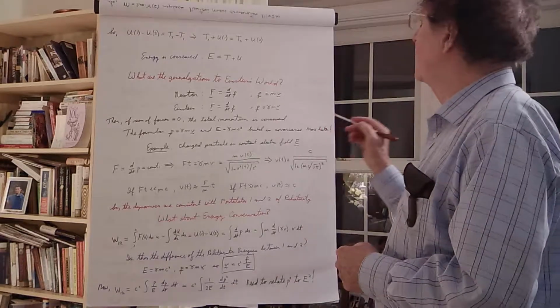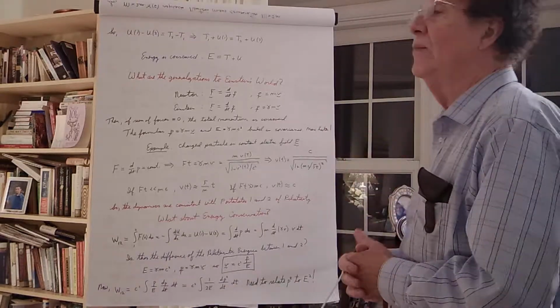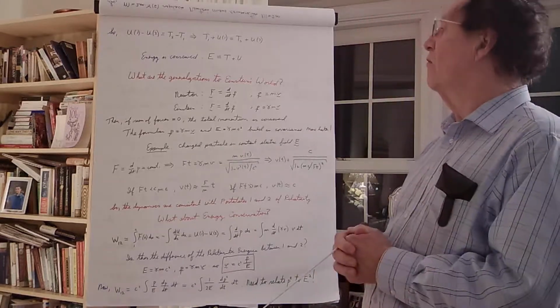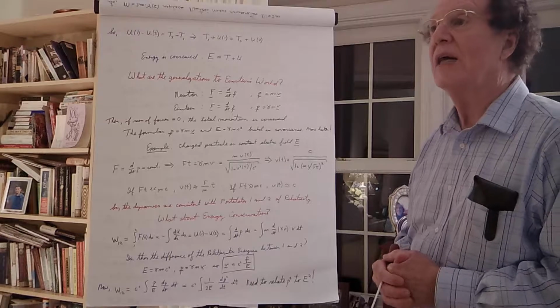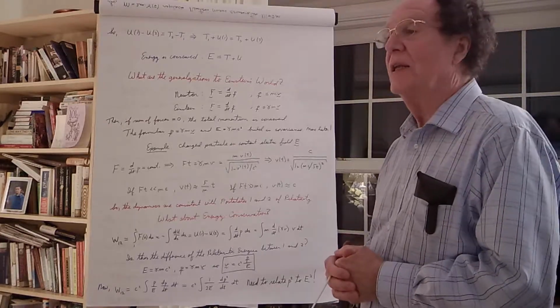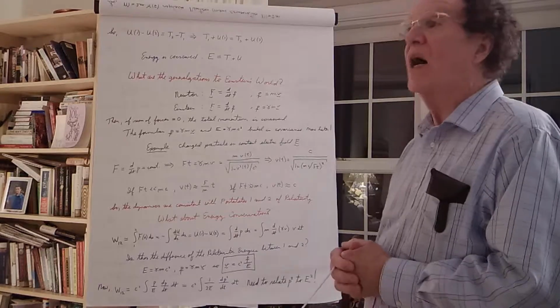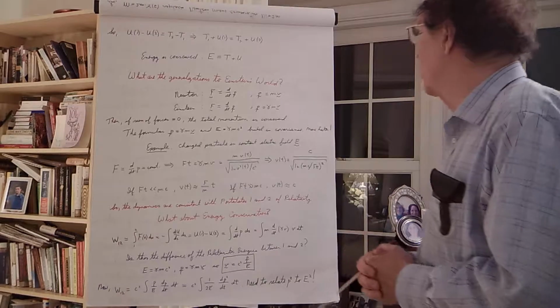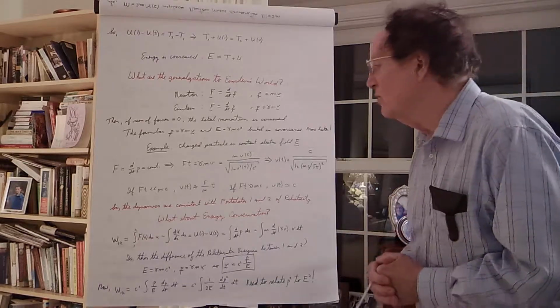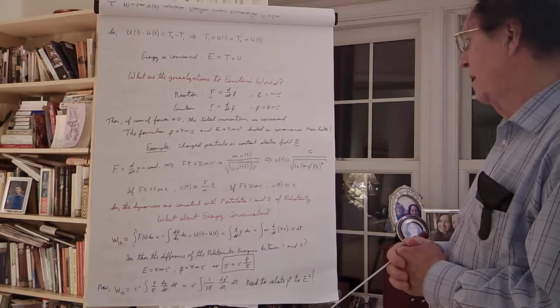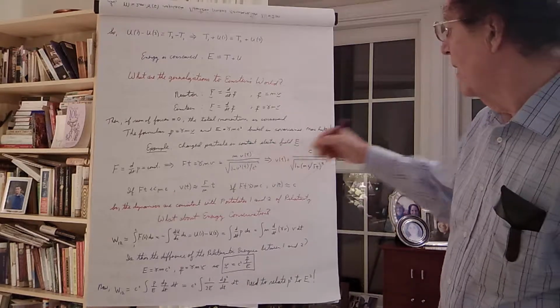Remember that this formula for the momentum, gamma mv, was the result of requiring covariance in the context of a calculation where velocities were added by Einstein's rules, not by Galileo's rules, and so Lorentz transformations were enforced, not Galilean transformations. Okay, now we can ask, what about energy conservation?